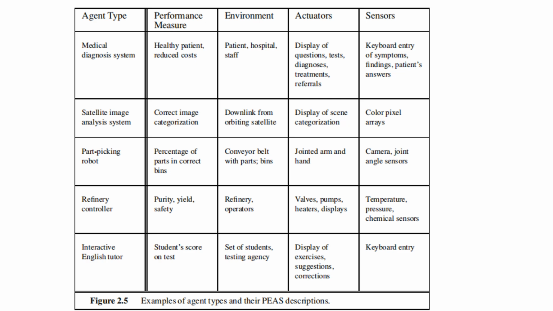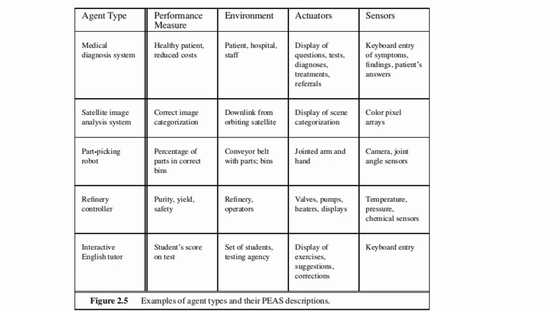Then for other examples, we can see a medical diagnosis system where the performance measure is healthy patient and reduced cost. Environment is patient, hospital staff, and actuators are display of questions, tests, diagnoses, treatments, referrals, and sensors are keyboard entry of symptoms, findings, patient's answers.